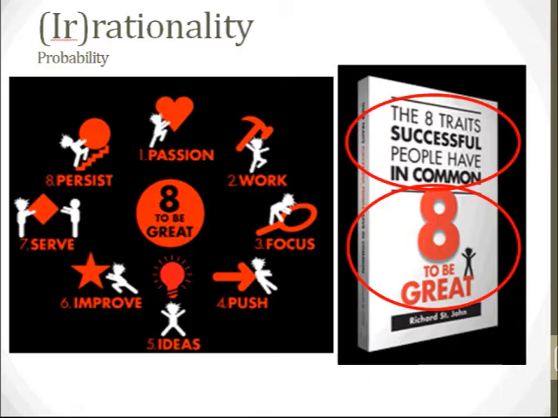So during the second lecture, I gave you the example of the book by Richard St. John, in which he implicitly claims that because a lot of successful people have 8 traits in common, if you strive towards also attaining those traits, you will be great as well. And I've told you that this would sell a lot of books, presumably, or generate a lot of clicks on his YouTube video in which he explains this as well.